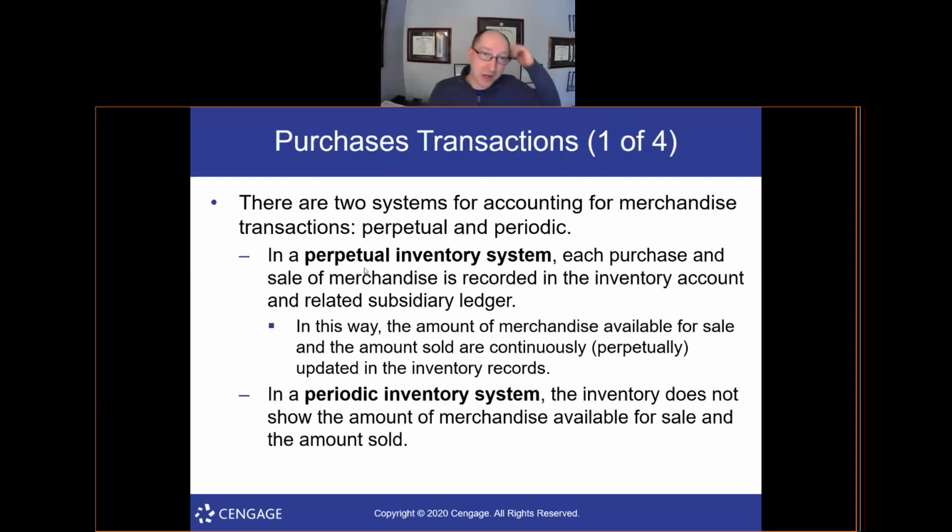Okay, purchase transactions. The business, the retailers, they need to purchase their inventory from somewhere, okay, usually from a wholesaler. And then, of course, they're going to sell their inventory to the customer, right?